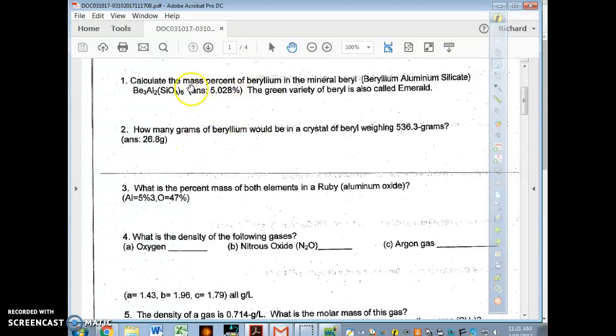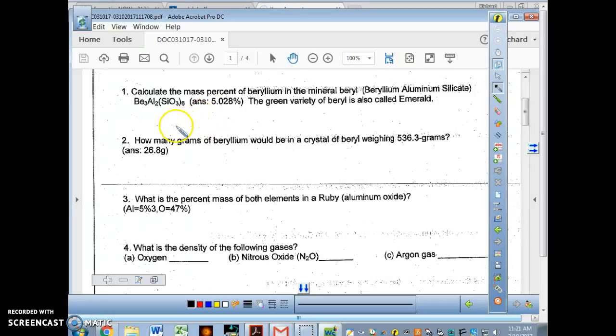So if we take the percentage as a decimal, so we're going to divide that by 100, then 0.0502 is what we had, times the size of the sample, 536.3, then that should give us the answer.